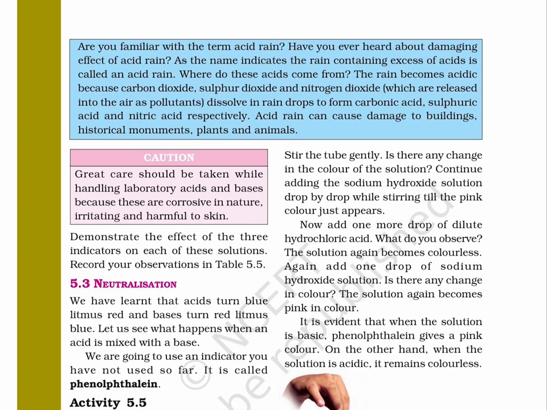The rain becomes acidic because carbon dioxide, sulfur dioxide, and nitrogen dioxide, which are released into the air as pollutants, dissolve in raindrops to form carbonic acid, sulfuric acid, and nitric acid, respectively. Acid rain can cause damage to buildings, historical monuments, plants, and animals.